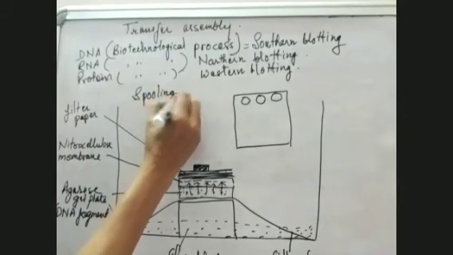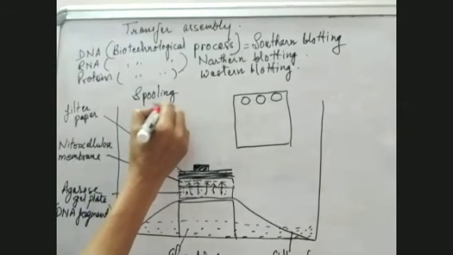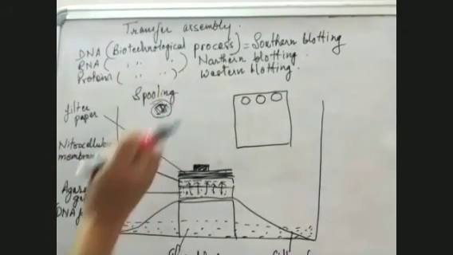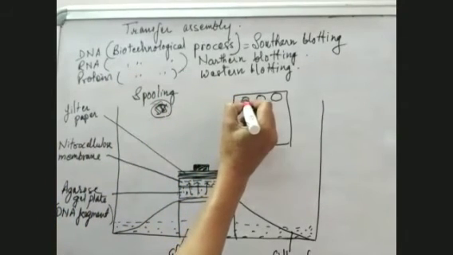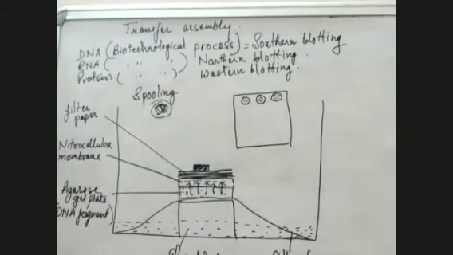After spooling, we get DNA. Suppose these are the fragments we have got after spooling. These are the fragments which we want to separate. So this solution with buffer is put into this well, and some of it into this well. These wells are fed with DNA in solution form.